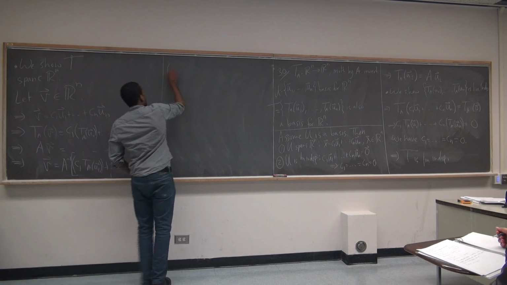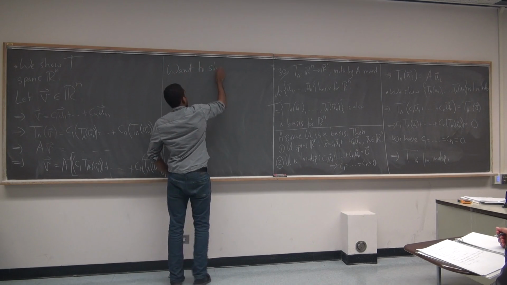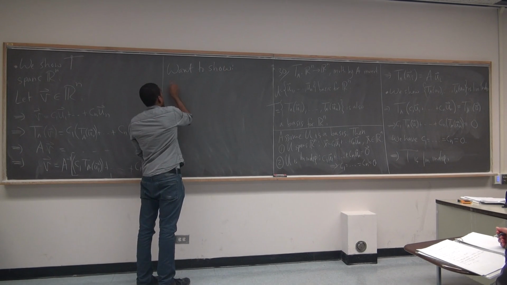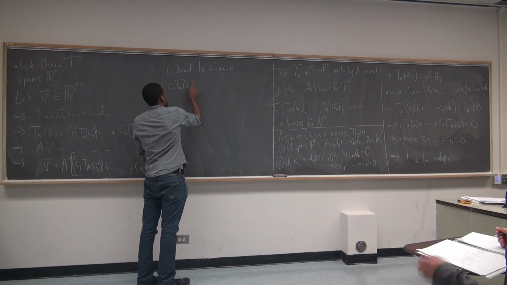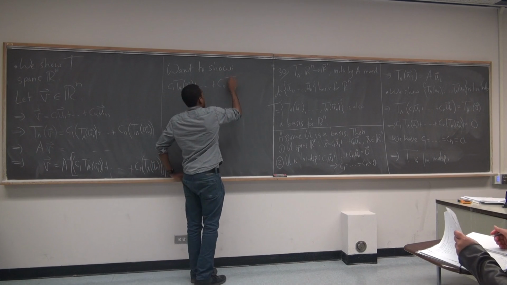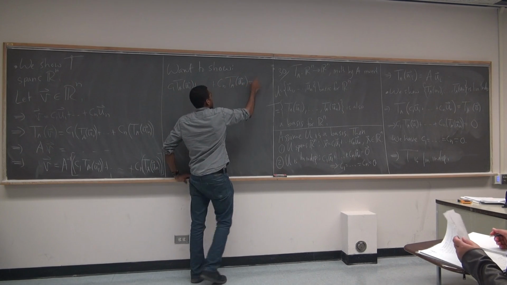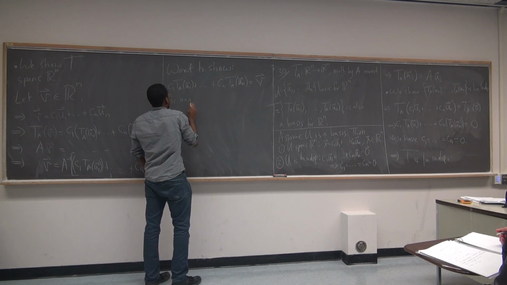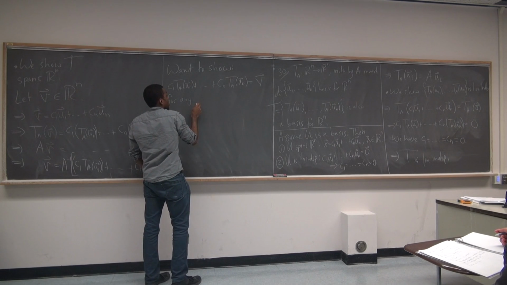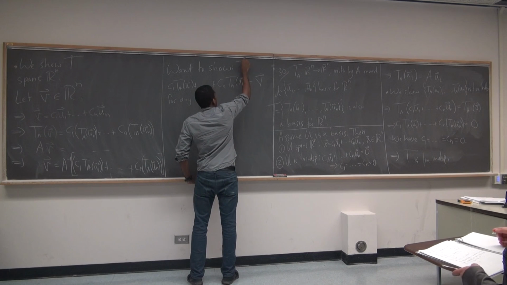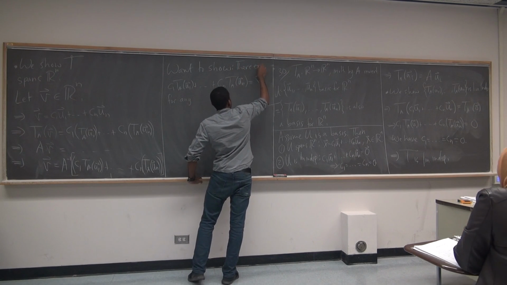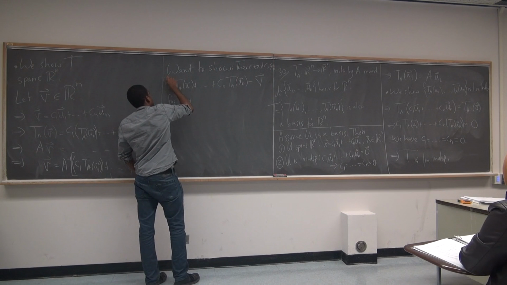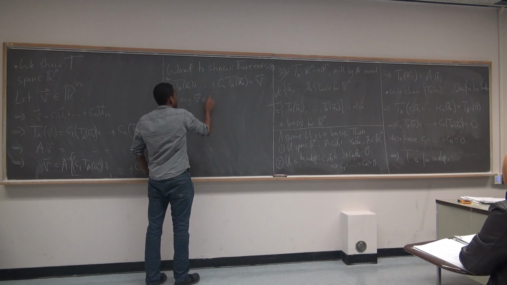What do we want to show? Start there. We want to show C1 TA U1 plus C2 and so on is V. We want to show there exist C1 up to Cn such that this is true for any V in Rn.